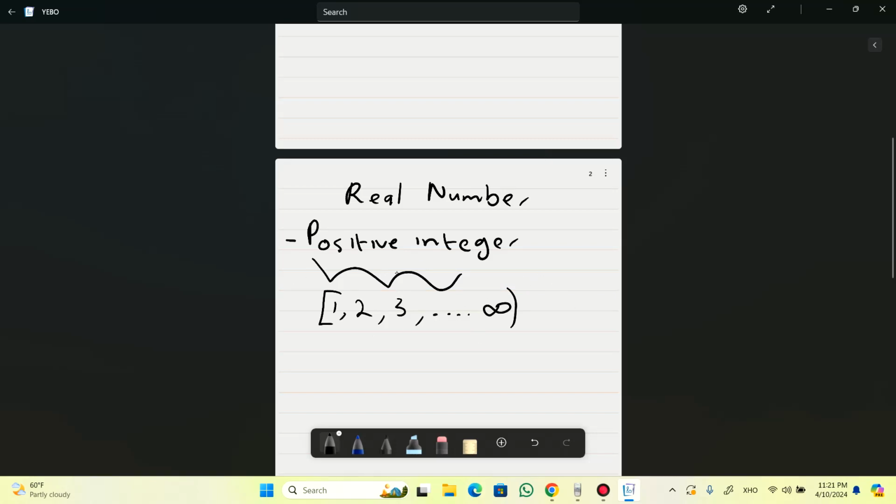So a positive integer again is a number that we use to count things. Make sure that you understand, for grade 8, it's very important to know what an integer is. So these are the numbers we use to count things, from 1, 2, 3, etc.